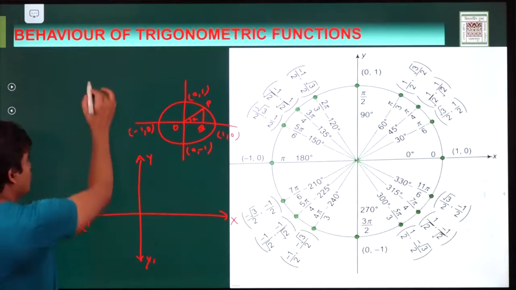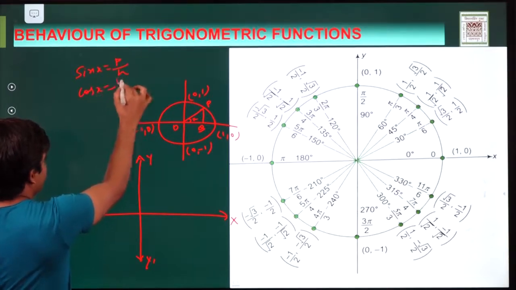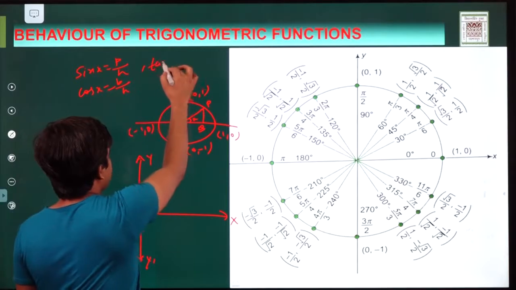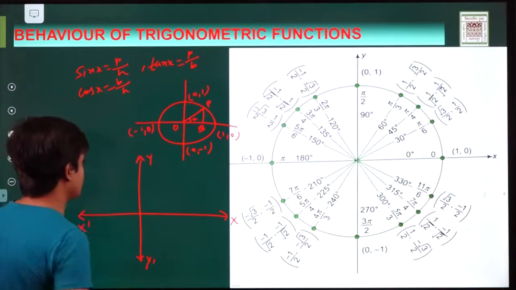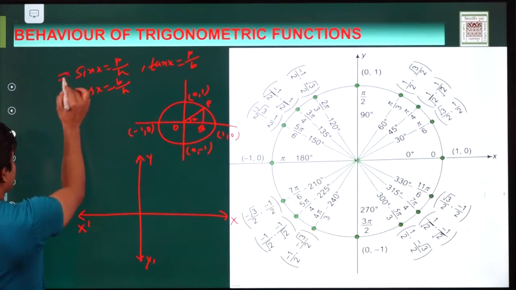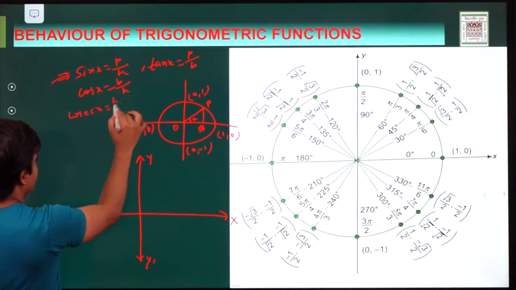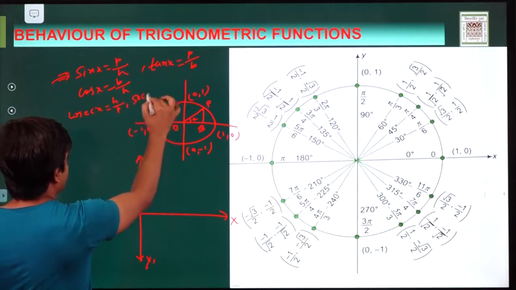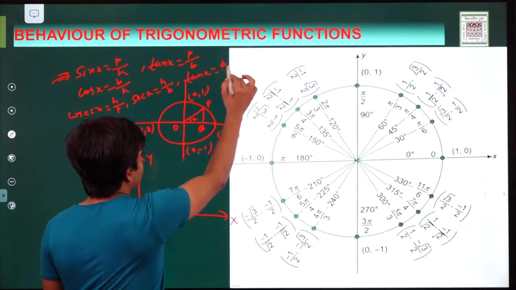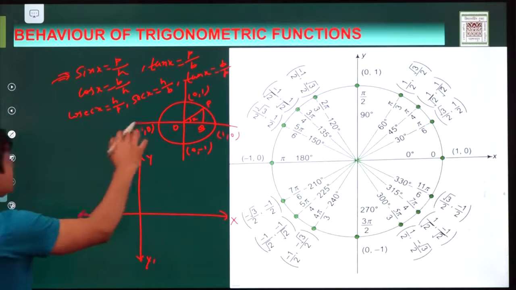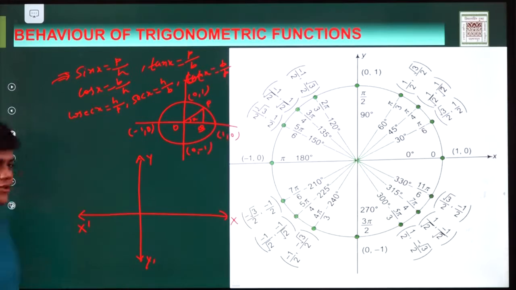If you want to talk about sin x, it is perpendicular by hypotenuse, cos x is base by hypotenuse, tan x is perpendicular by base. Similarly, cosec x is h by p, sec x is h by b, and cot x is b by p. So these are 6 ratios.